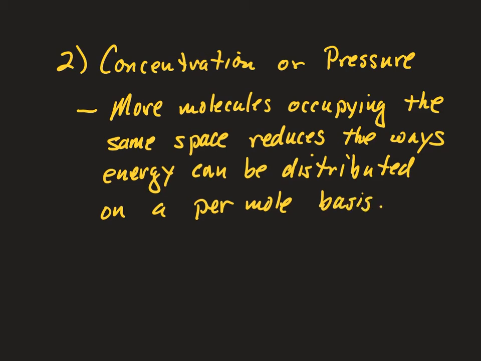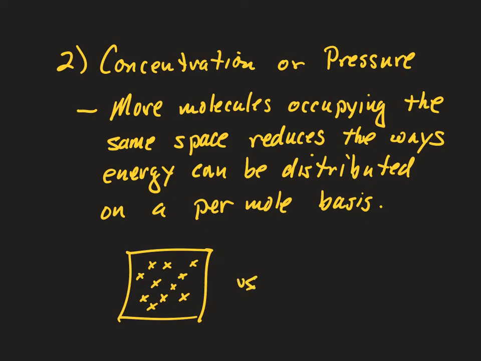Okay? So if we have two containers, one of which contains more molecules, either in solution or in the gas phase, and one that has fewer molecules, there are more ways per mole of molecules to distribute that than this.